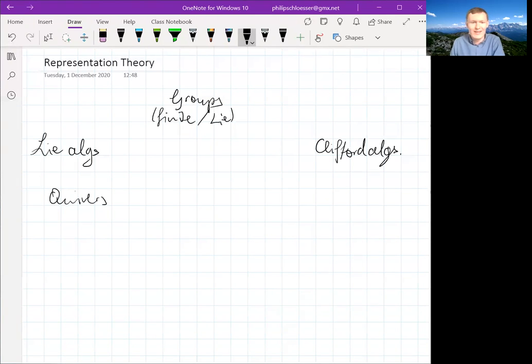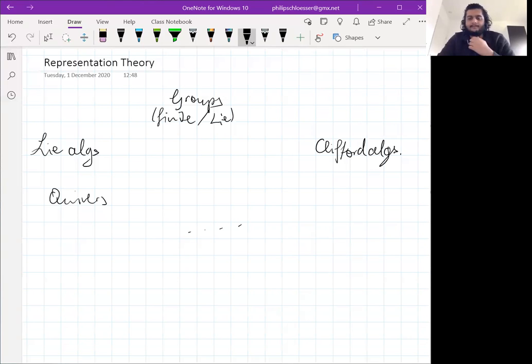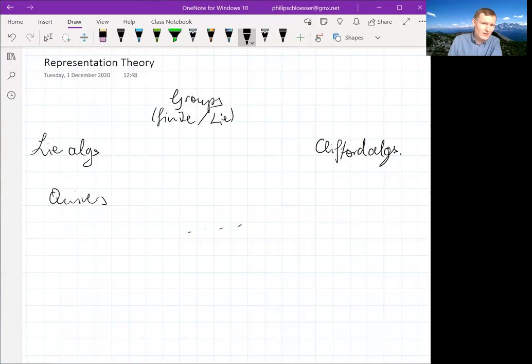And there are a lot of different kinds of objects that can be represented or that have some sort of representation theory around them. They all use similar language. So my first goal is to unify all of this, bring it all together, namely by talking about the representation theory of associative C algebras.